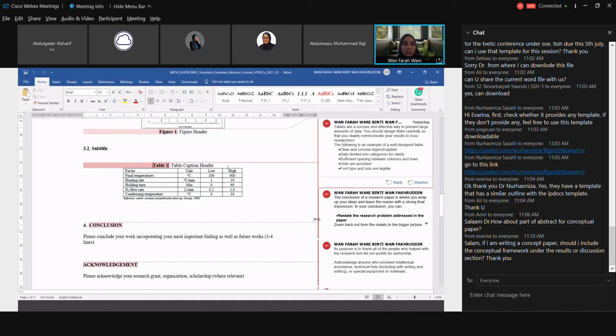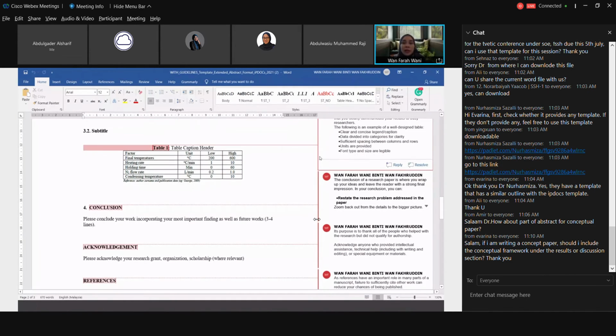Caption plays an important part as well. Make sure it is legible. Sometimes you intend to fit in as much as you can, to the point that you can't read it, so it's not effective.